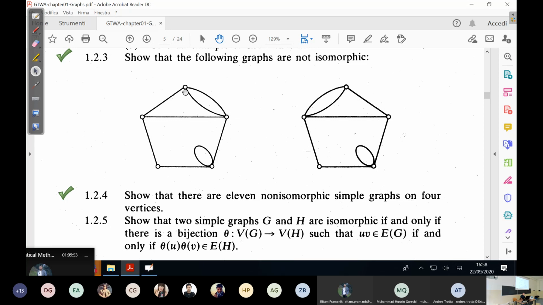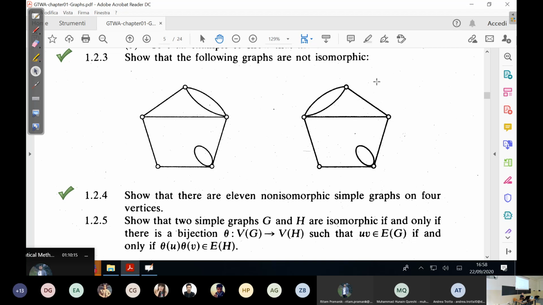our constraint is satisfied. So what is sure is that since we have only one pair of multiple edges on the left, and only one pair of multiple edges on the right, these two multiple edges must go to these two multiple edges.